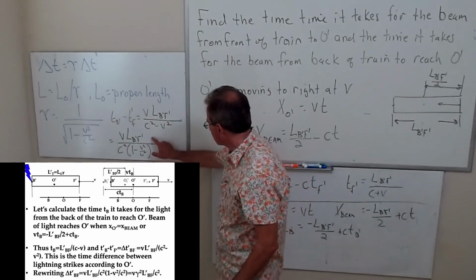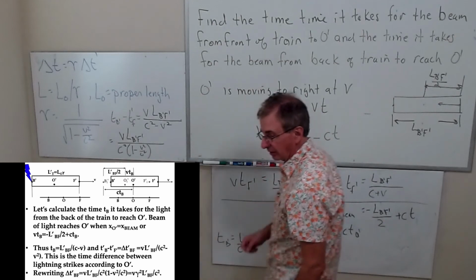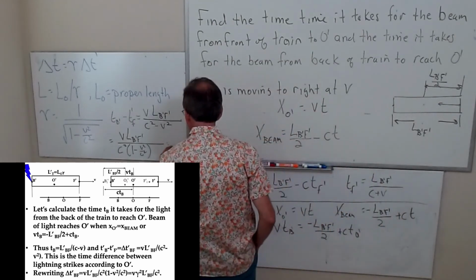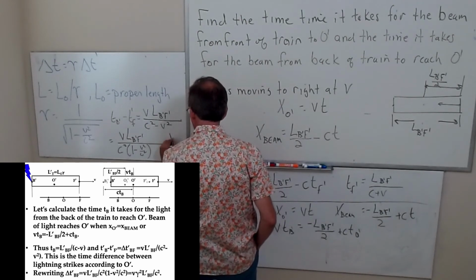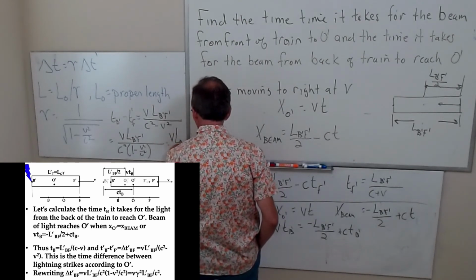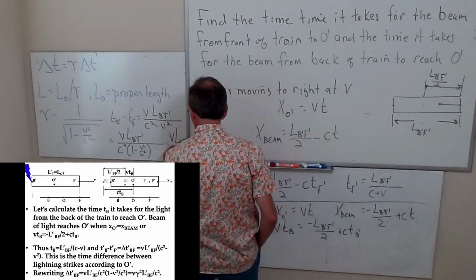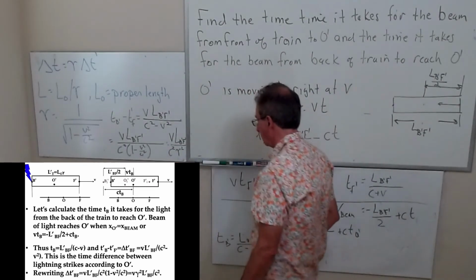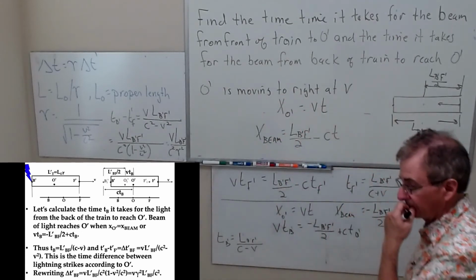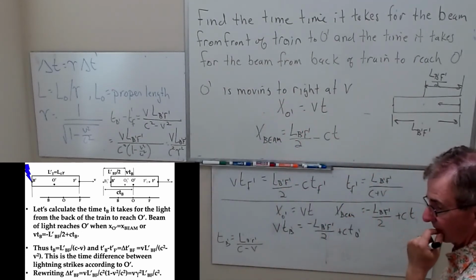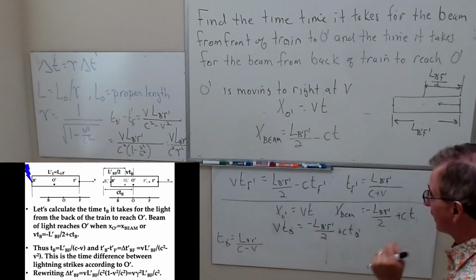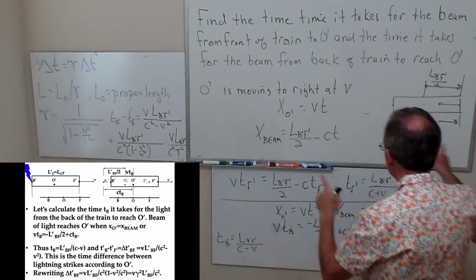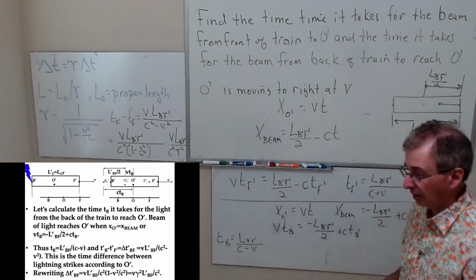But what is 1 over this thing? That's just gamma squared. Are we okay so far? This is the time difference between the wave hitting the front and the back of the train, according to O prime.